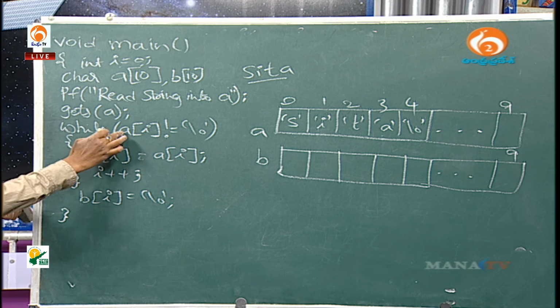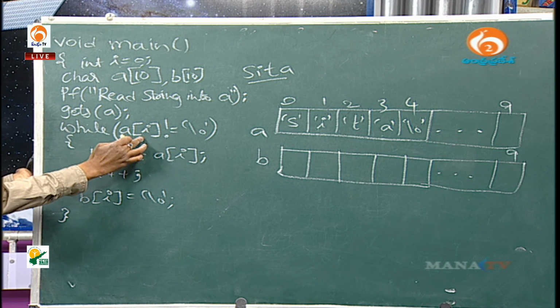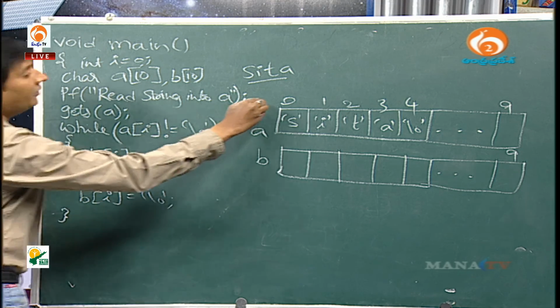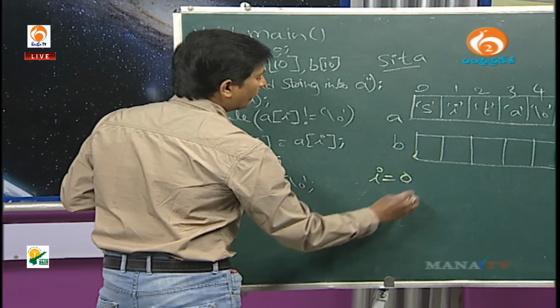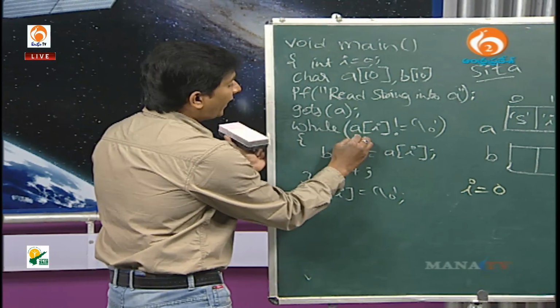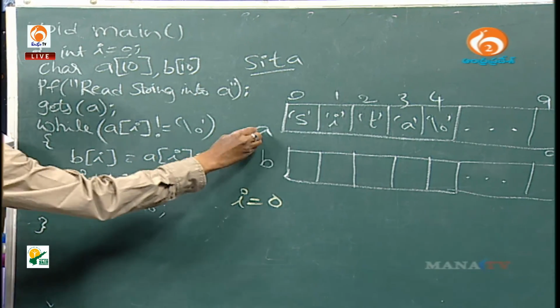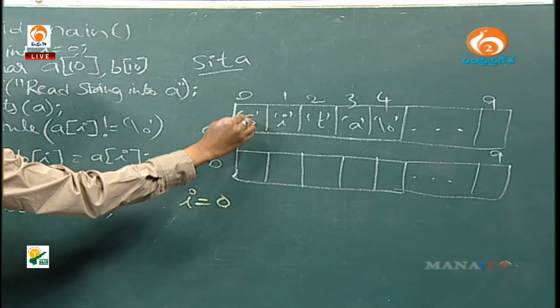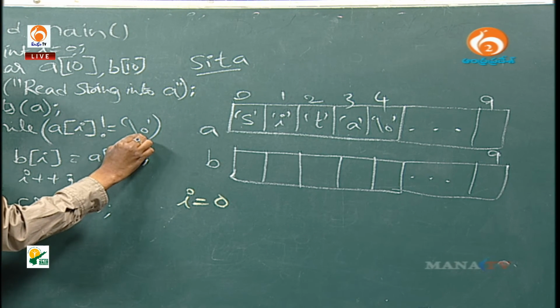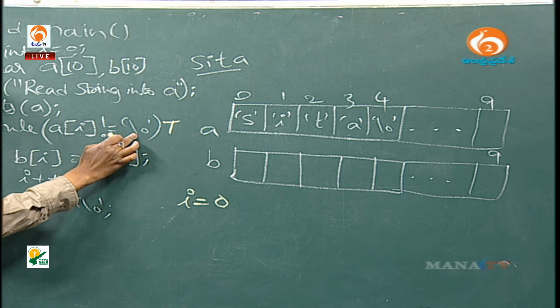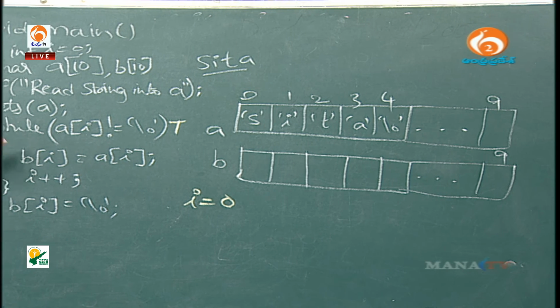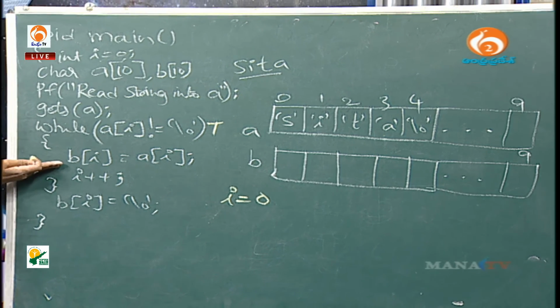While A of I means what? Here already initialized, I value is 0. A of 0 is S, and S is not equal to backslash 0, which is true. Next, control enters the body of the while loop.